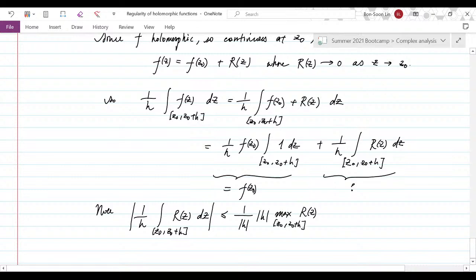Well, as h gets smaller and smaller, first of all, this is just equal to the max of magnitude r of z on this path.